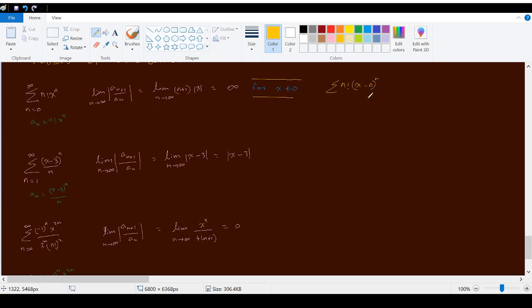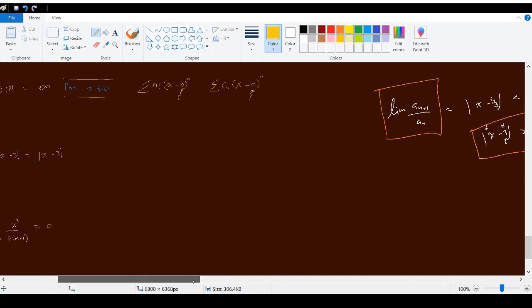So actually, if we get the most general form of the power series, it can be written like this. Okay, so this number is called the center. It's kind of the center of this power series, and so when you substitute this number, let's see what will happen.